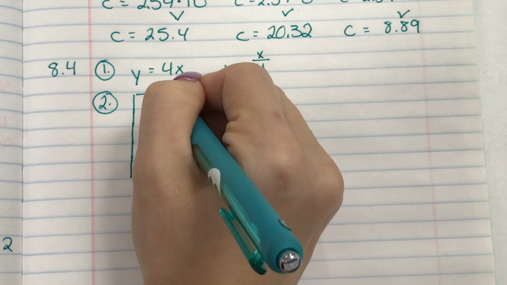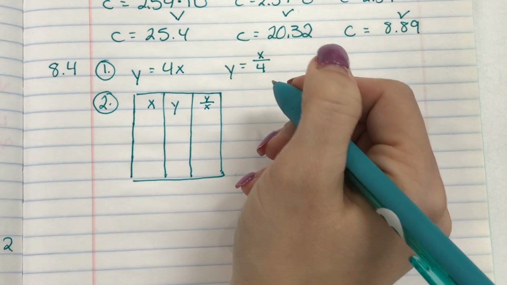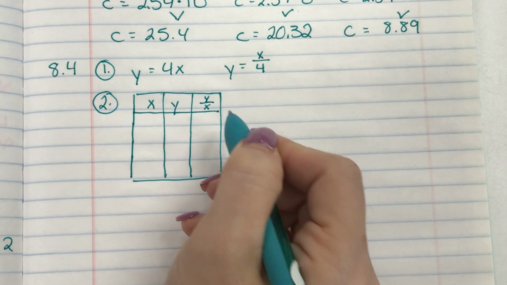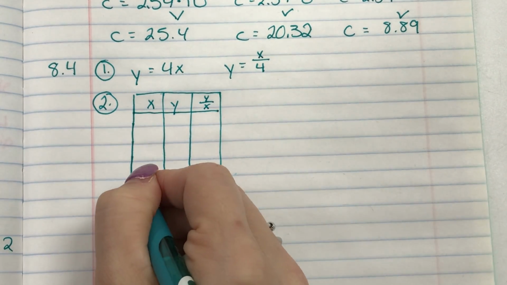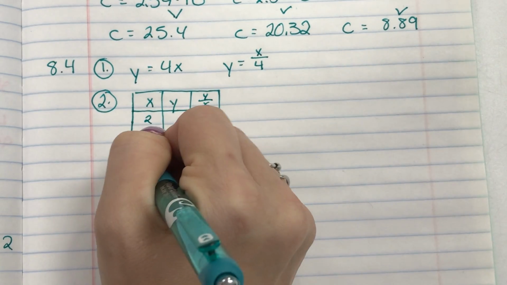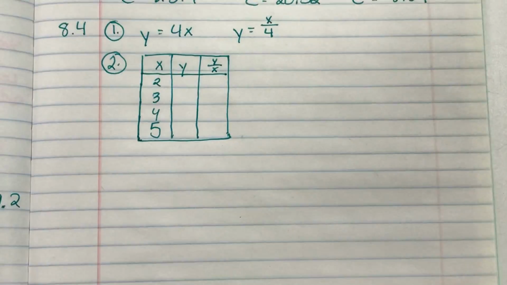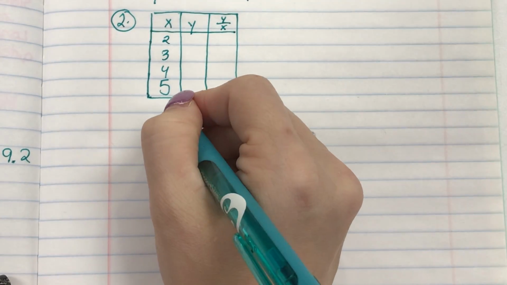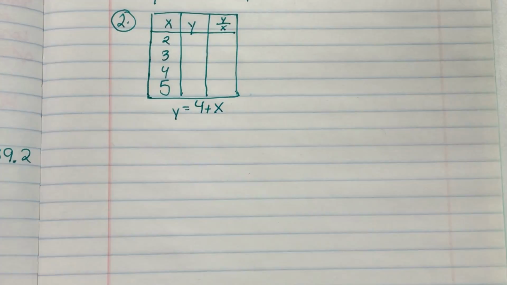We've got x, we've got y, and we've got y over x, because we know that's the same thing as y divided by x, right? Yeah. All right, so number 1, we've got 2, 3, 4, and 5. That's all they gave us. And they gave us the equation y equals 4 plus x.